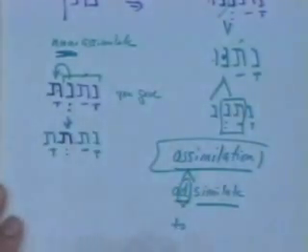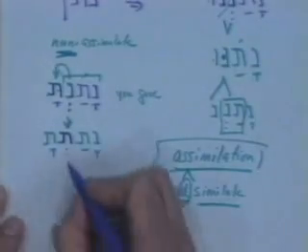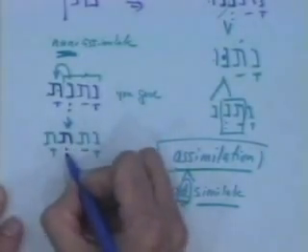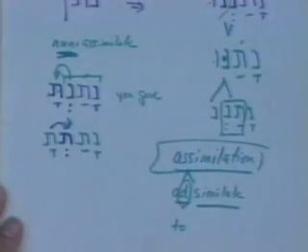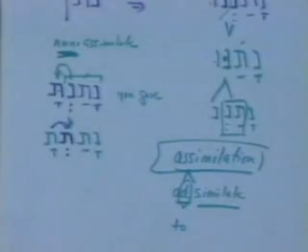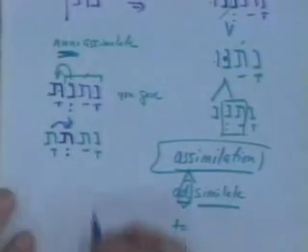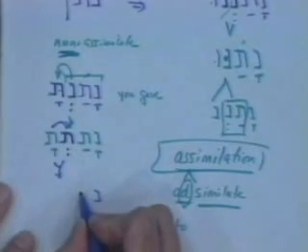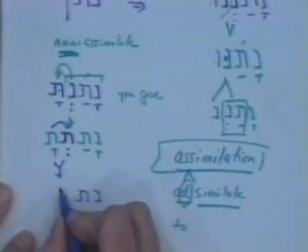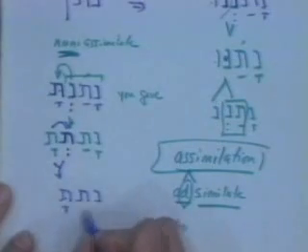Do you see this as weird? All right? Now, if the letter was written as a tau with a schwa under it, followed by the same consonant following, Hebrew is not going to write two letters here. This is precisely when Hebrew writes one letter and puts a dagesh forte in it. So this will become not nathanta, but natatta.